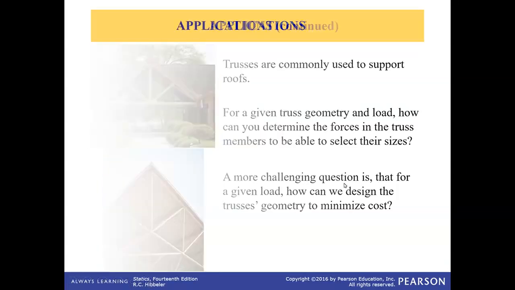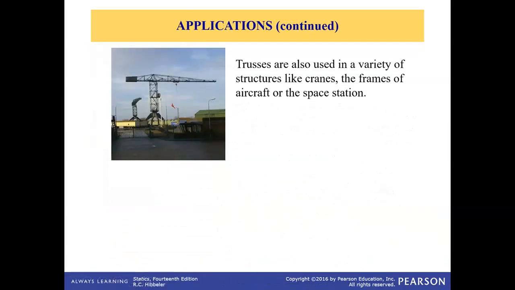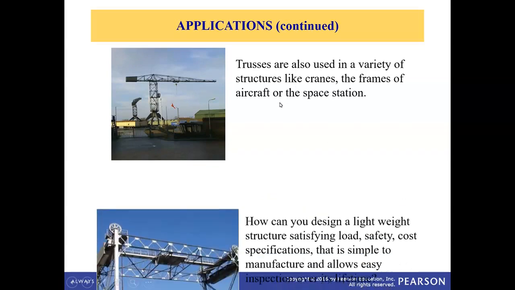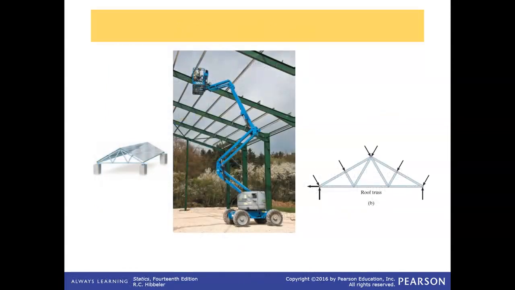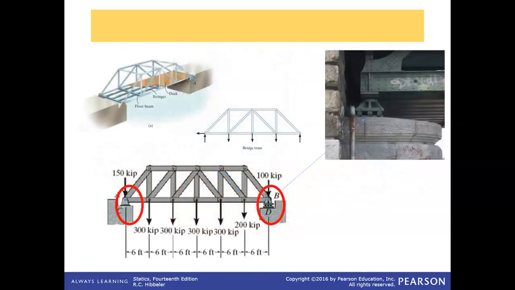and this type of problem is more challenging. Applications: so you can see trusses are used in a variety of structures like cranes, the frames of aircraft, or the space station. So these are a few examples of trusses. This is the frame. This is bridge. Now you can see here these arrows, they indicate the load that is applied. So this is bridge truss, and this is the bridge truss with the applied load, where KIP stands for kilopound.